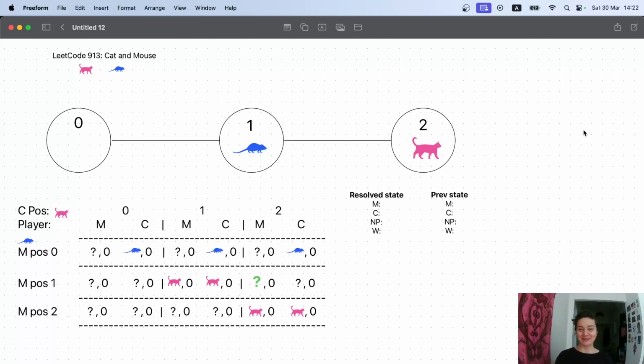Let us begin. Okay, so here we have a matrix. This is the same matrix as we will have in our code. We will do a dry run on it. Here we will hold the resolved state every time from the states for which we already know the winner, and we'll try to deduce to previous states and resolve them as well.